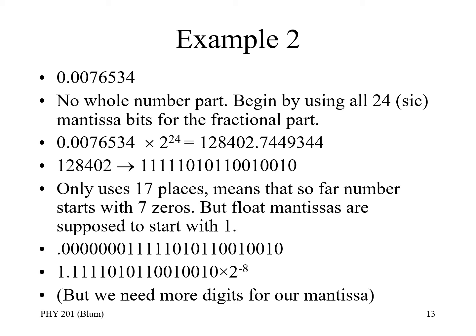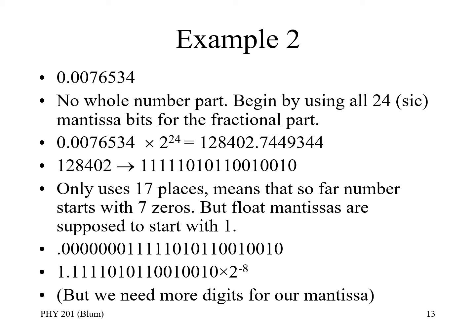We are making the number bigger because we move the dot to the right. So to compensate, we multiply by a negative power of 2, so times 2 to the minus 8. So now we know our exponent, our power of 2, to get us our exponent.